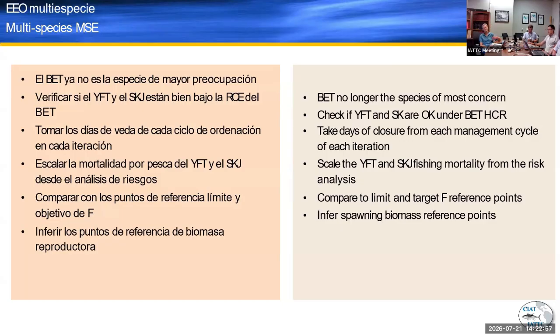We also made an inference from that, even though we didn't project the spawning biomass in the future for those two species, which changes depending on the fishing mortalities. We did make some rough inferences about whether or not the spawning biomass would be in a good status or safety.